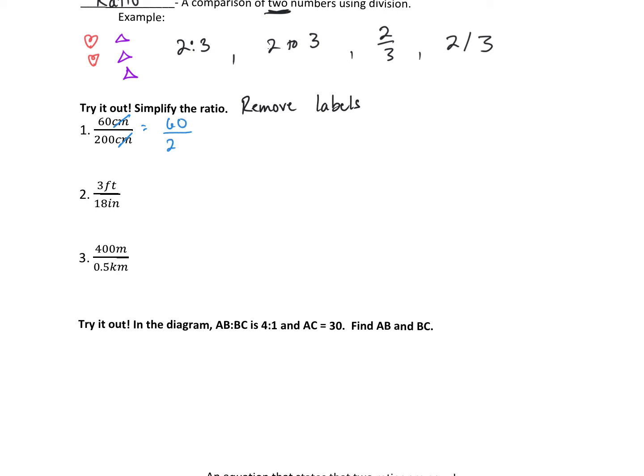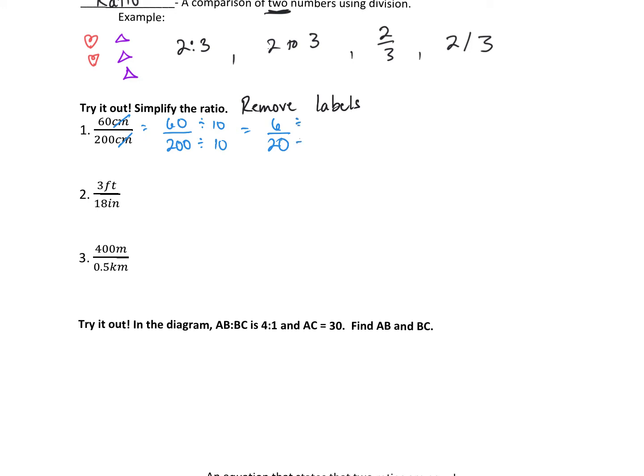over 200. I want to divide the numerator and denominator by the largest common factor. Let's say if I just divide it by 10, I get a 6 and a 20, and I know that 6 and 20 can be divided further.